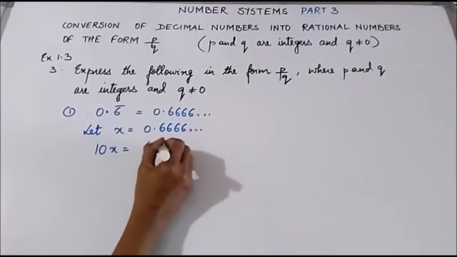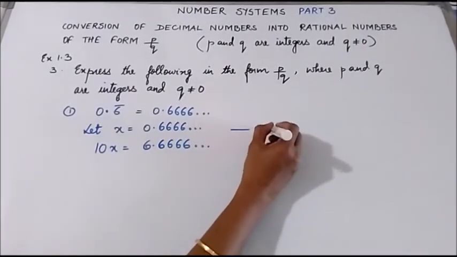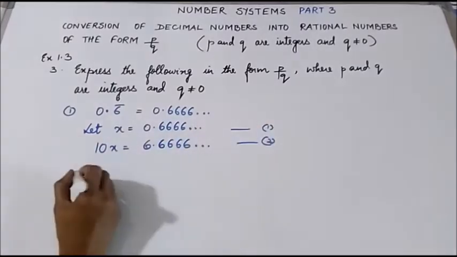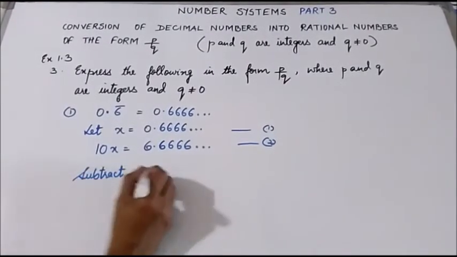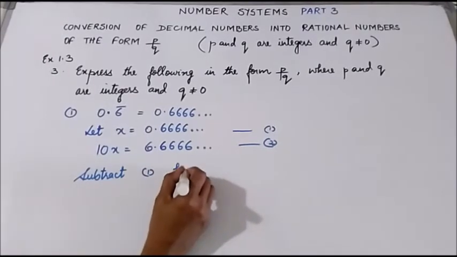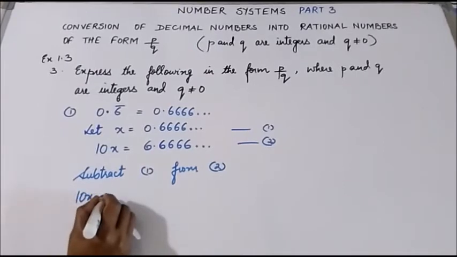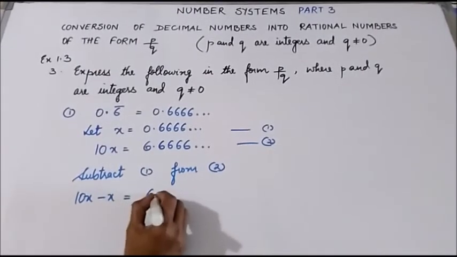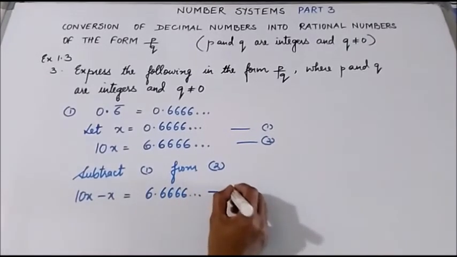On the right hand side you'll get 6.666. This is first, this is second. Subtract first from second. What do you get here? 10x minus x equal to 6.666 and so on, minus 0.666.